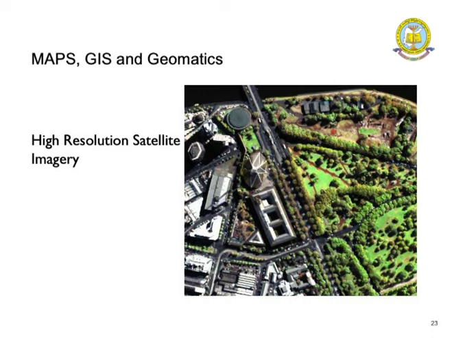Just an example to show you high resolution satellite imagery. You are able to see this kind of imagery now. If you see here, you are able to see each tree which is being planted there, which is being looked after. As I mentioned earlier, we are beginning to use all these terms together. You use maps, you use geographic information system, you say geomatics, you talk of geoinformation technologies, you talk of geospatial technologies.